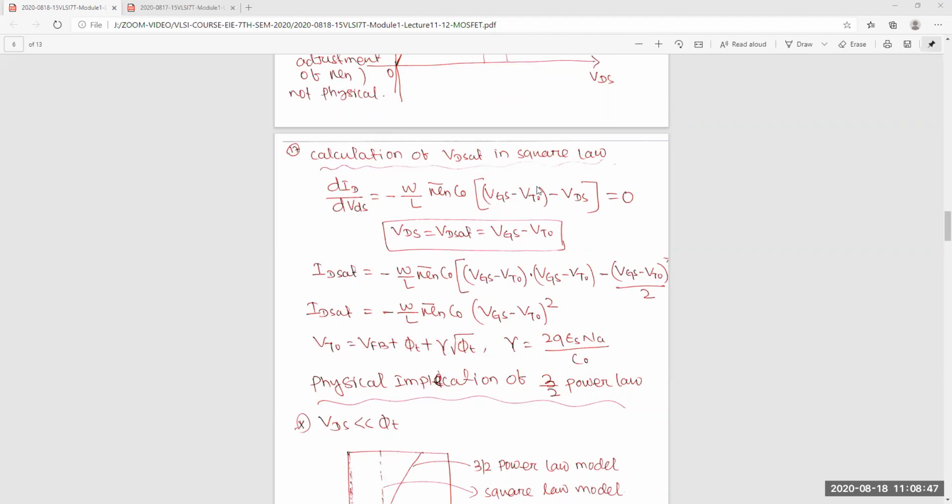So VT means its body effect is included. What is the difference between VT0 and VT? VT0 has no body effect, while VT includes body effect. Most books have this equation with only VT, where body effect is included inside.